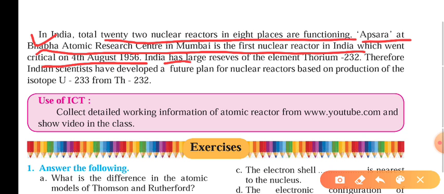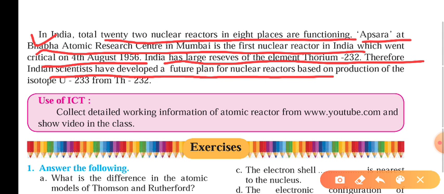India has large reserves of the element thorium 232. Therefore, Indian scientists have developed a future plan for nuclear reactors based on production of the isotope 233 of uranium from thorium 232. So this is about the nuclear reactors in our country.